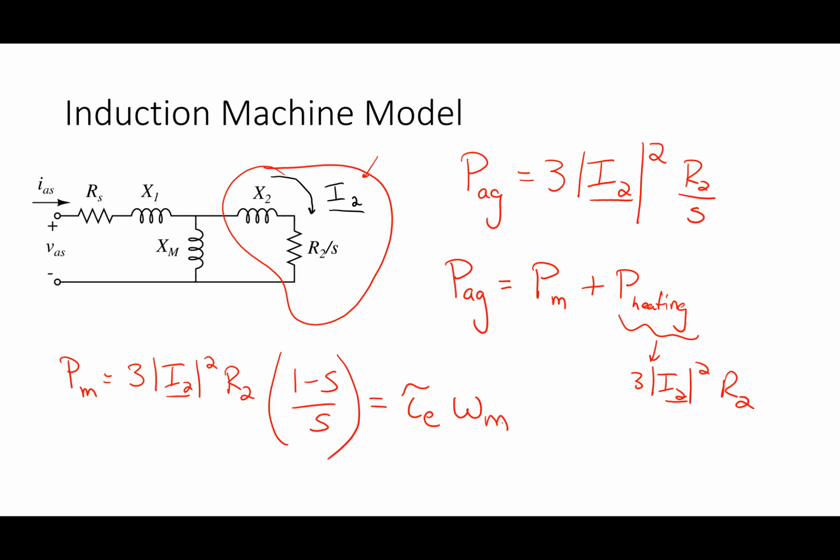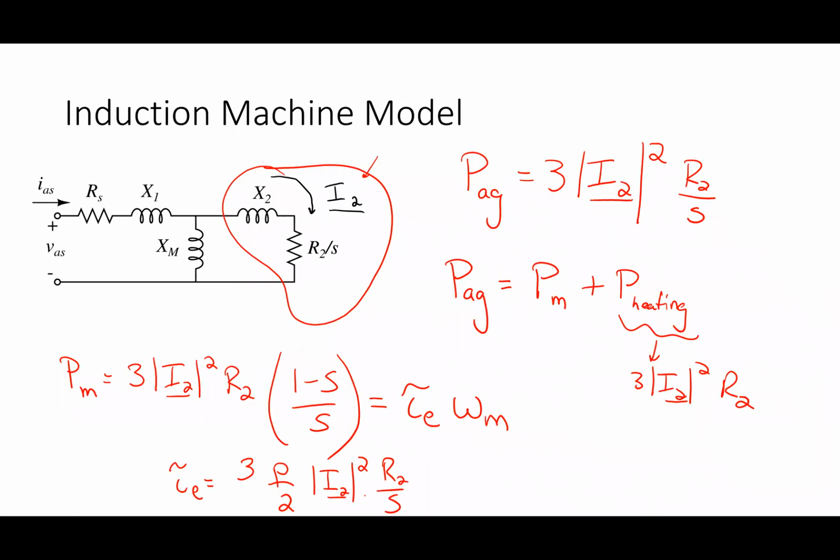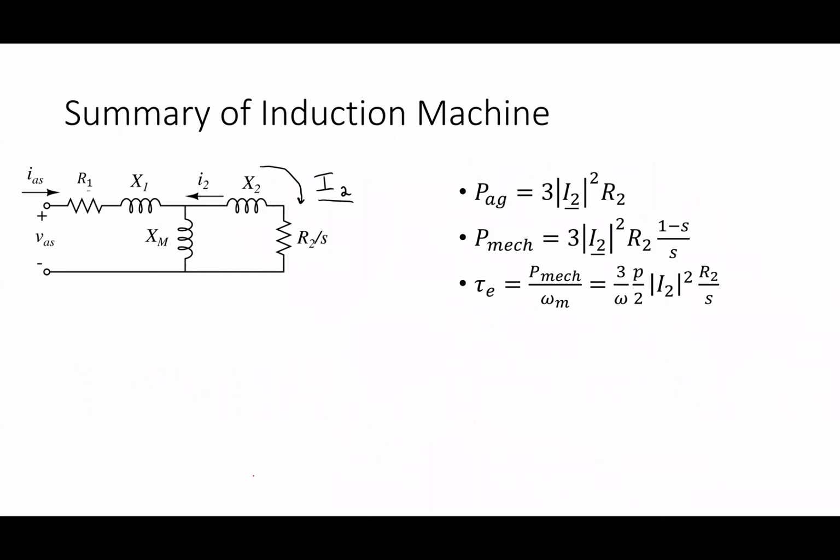And if I do all that and rearrange a couple of things, the result that I end up getting is the electrical torque is 3 times P over 2 times I2 squared R2 over S, like that. And there's the summary of that. Oh, and there's a 1 over omega, like that. So these are our key relationships for the performance of this machine.